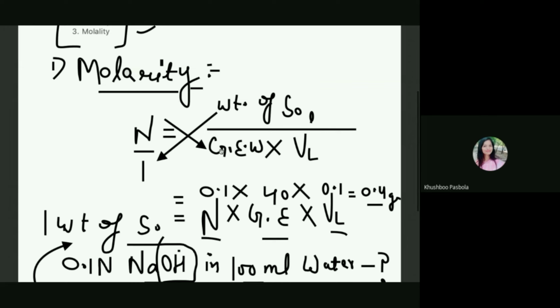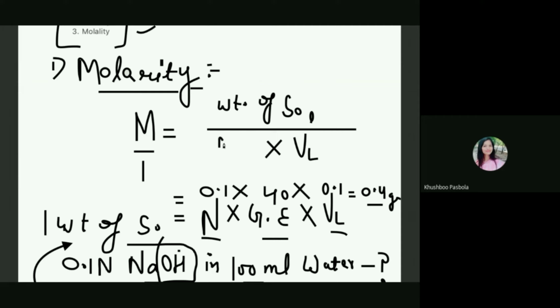The formula should be, the expression will be M, capital M. We denote molarity by capital M. So molarity is equal to weight of solute divided by, now this gram equivalent weight will change.